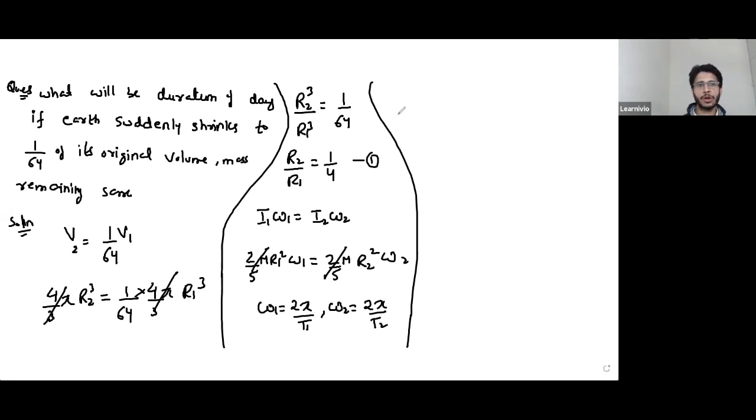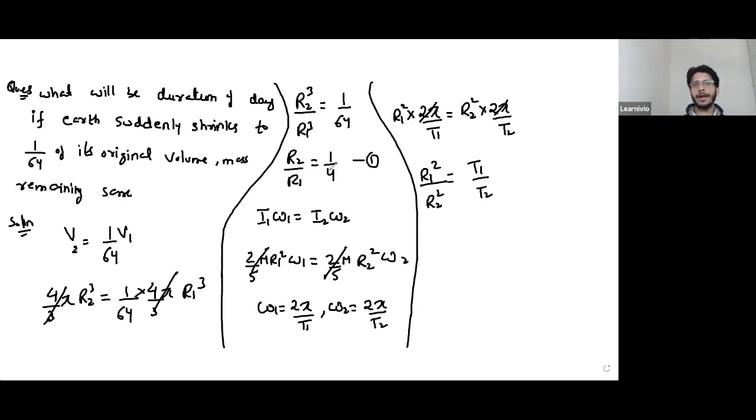So if I substitute all values here, this is R1 square multiplied by 2 pi by T1 equals R2 square multiplied by 2 pi by T2. So this 2 pi will cancel this 2 pi. You are left with R1 square by R2 square equals T1 by T2.